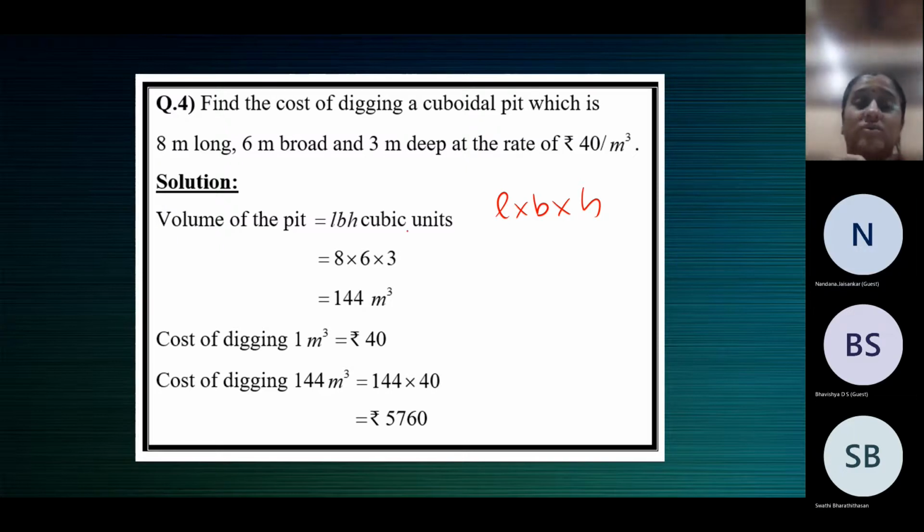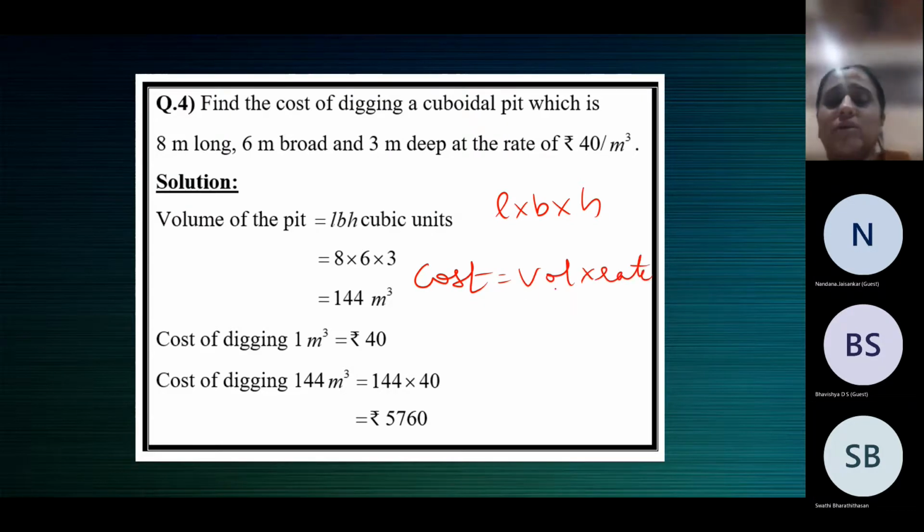Straight away you're finding the cost, which is equal to volume into rate. So I have found the volume, which is 144 meter cubed. Then the cost of digging 1 meter cubed is 40 rupees. Then the cost of digging 144 meter cubed will be 144 into 40.